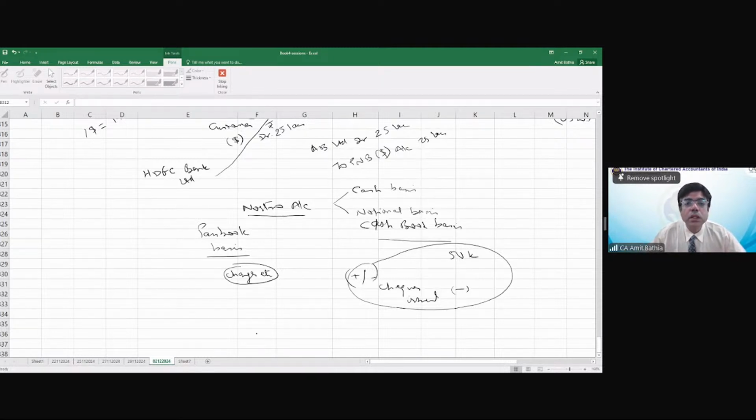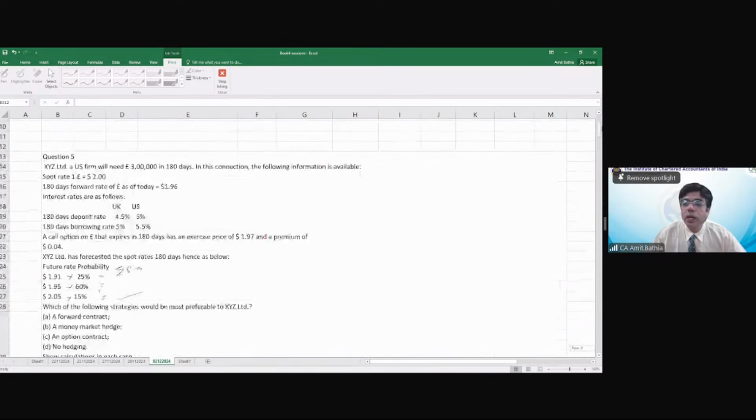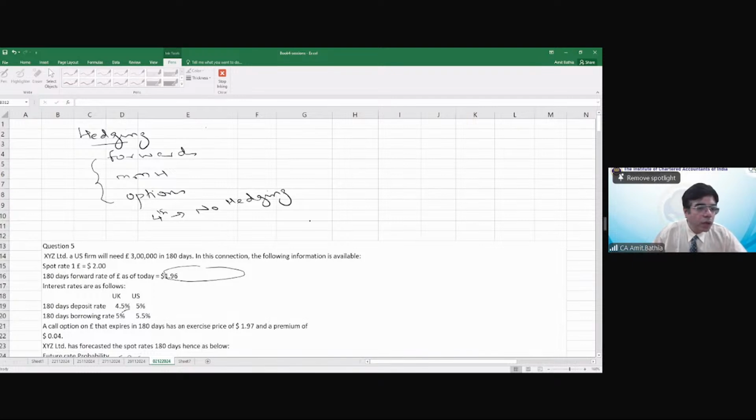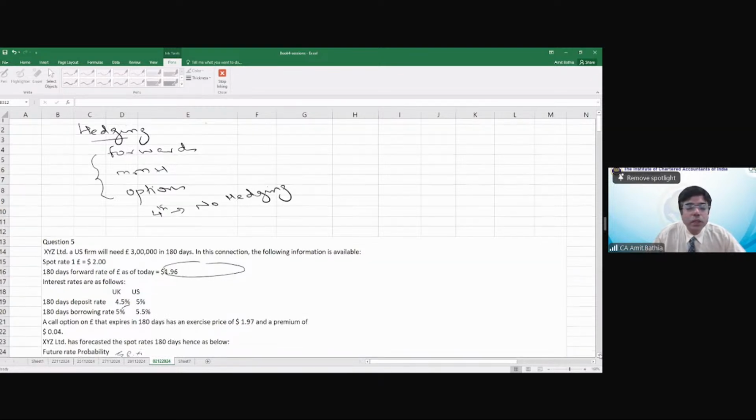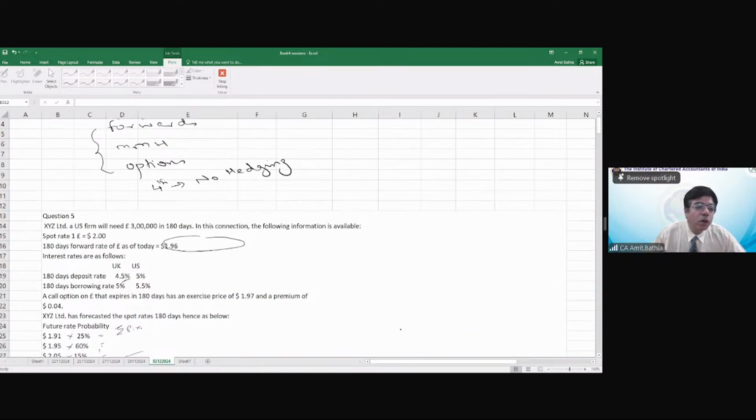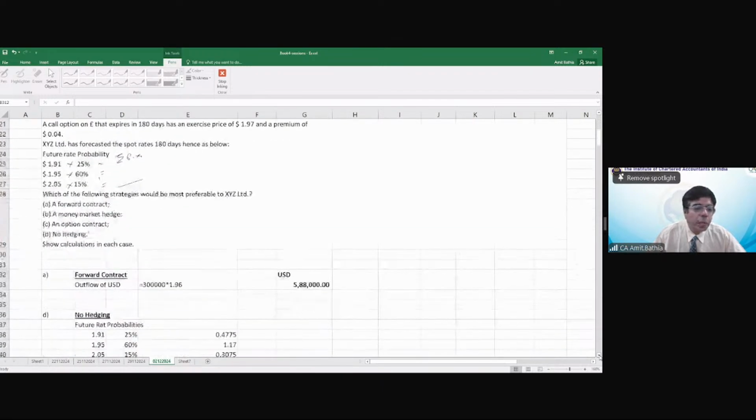So it's 10 o'clock today. Before we conclude for the day, let us revise what we did today. In the previous lecture, we had done sums on forward, money market hedge and options separately. Today, we did a sum in which we covered all four options, that is forwards, money market hedge, options, and including if there is no hedging.